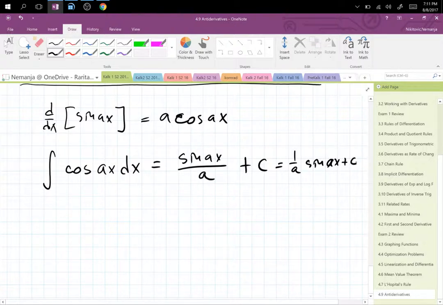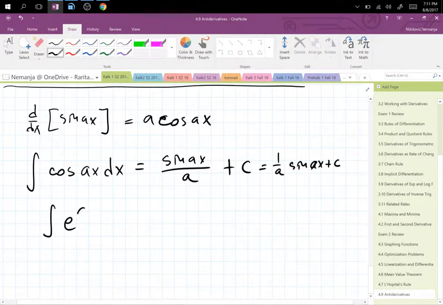So if you have a constant in front of the x, which is the argument of either ln or sine or cosine or any trig function or e, that a is going to flow as a division now, not as a multiplication.